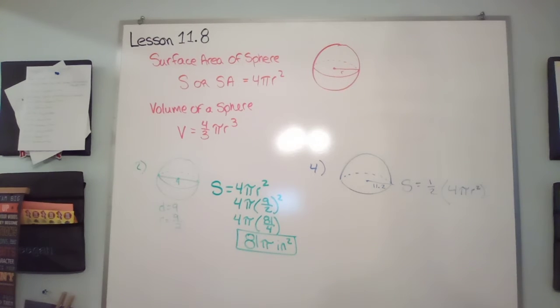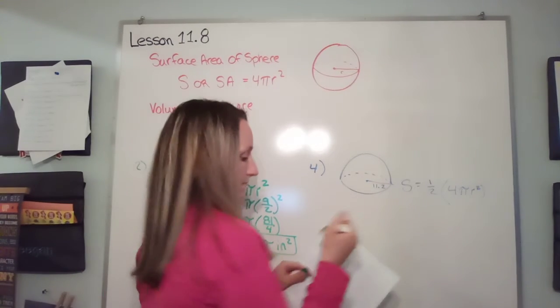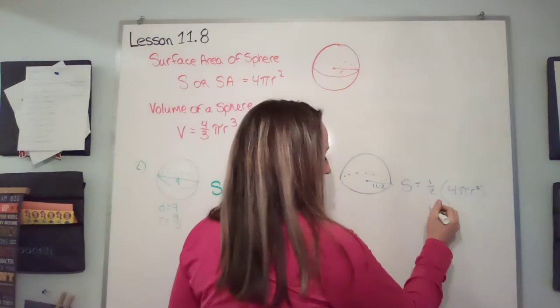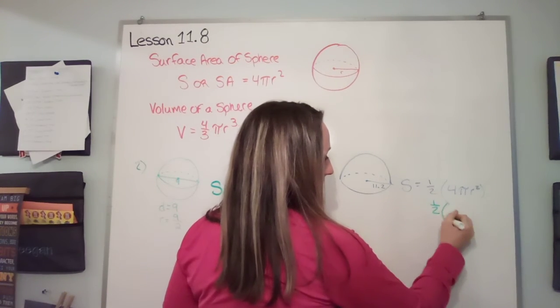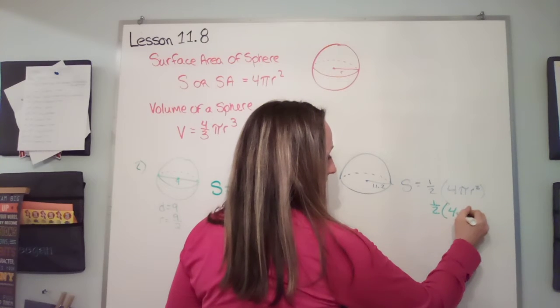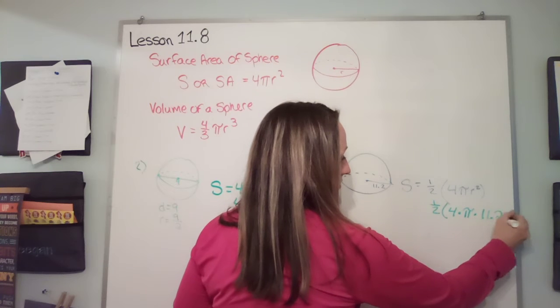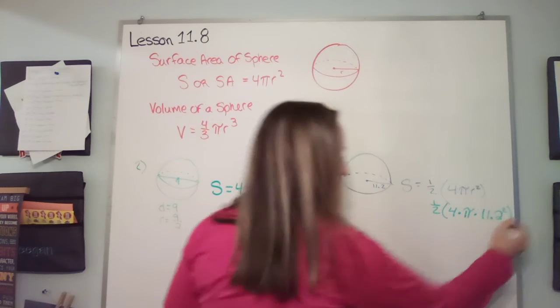Get a better marker again, guys. So that's not going to work. I have 1/2 times 4 times pi times 11.2 squared.